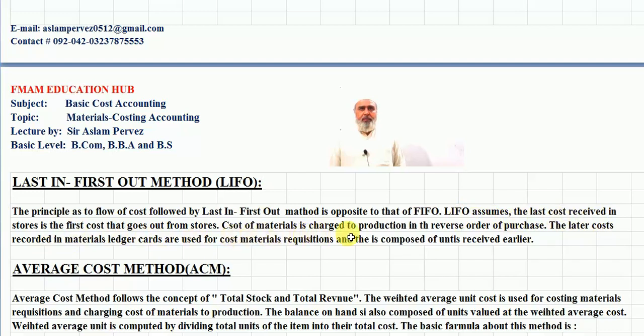Cost of materials is charged to production in the reverse order of purchase. The later costs recorded in materials ledger cards are used for cost of material acquisition, and the balance is composed of units received earlier. Students, this is the explanation about LIFO.